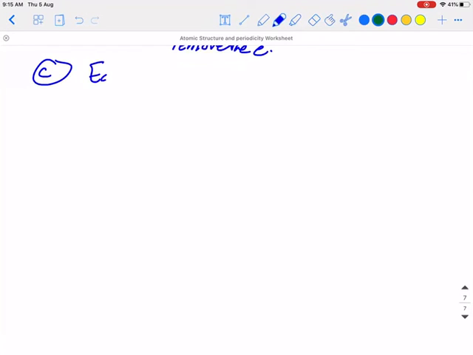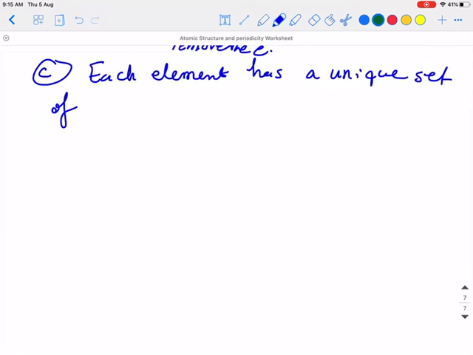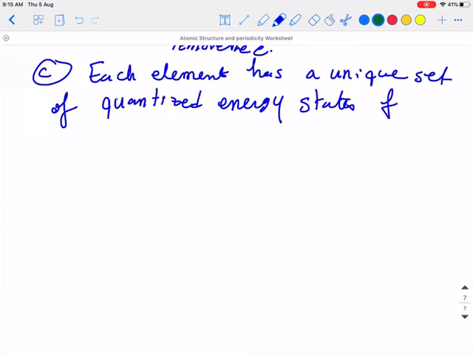So part C, each element has a unique set of quantized energy states for its electrons, as we said. Why?